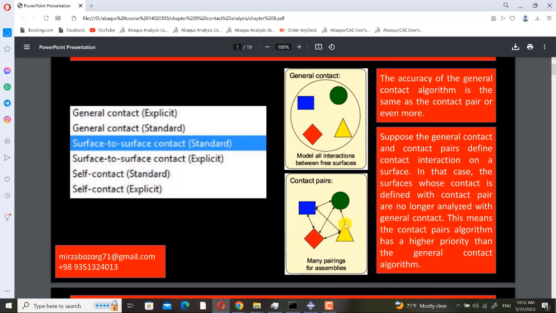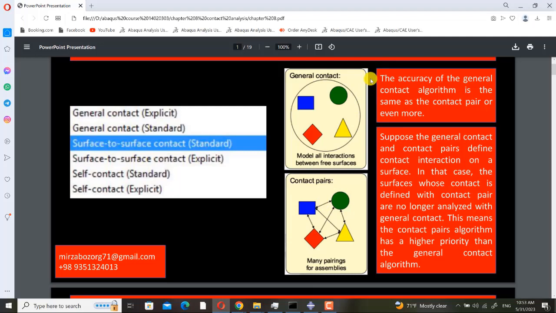Contact interaction is defined between all of the bodies. Here we have 4 bodies, and if each of them has contact, you must define 6 surface to surface contacts between them. 1, 2, 3, 4, 5, 6. Okay?